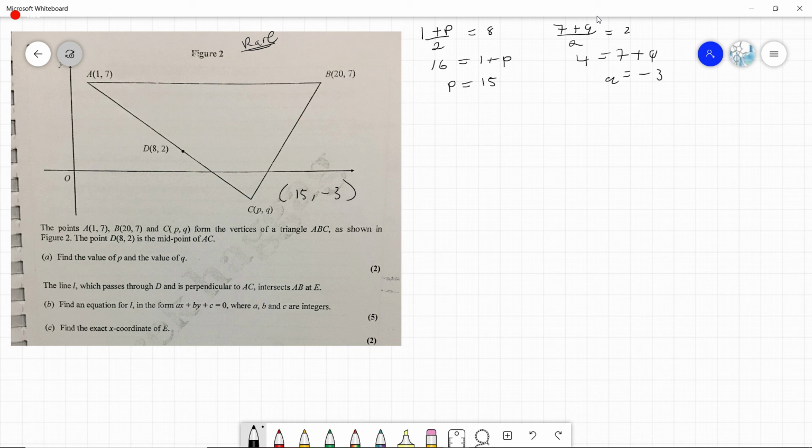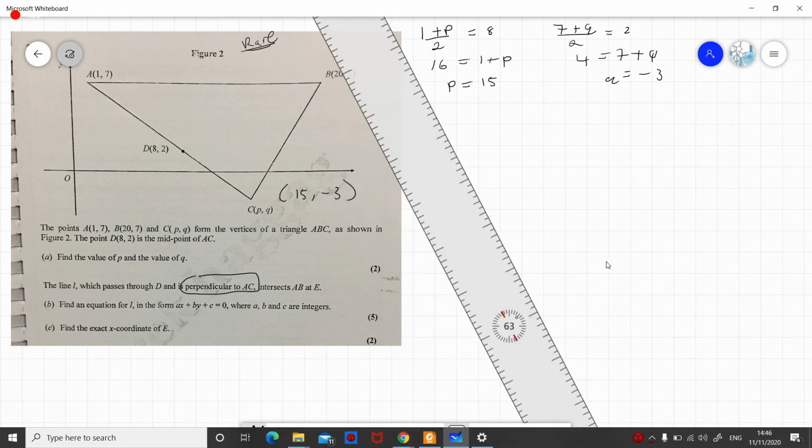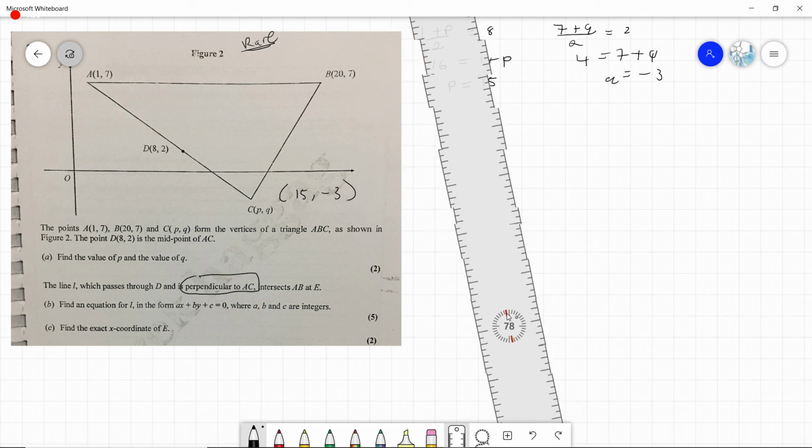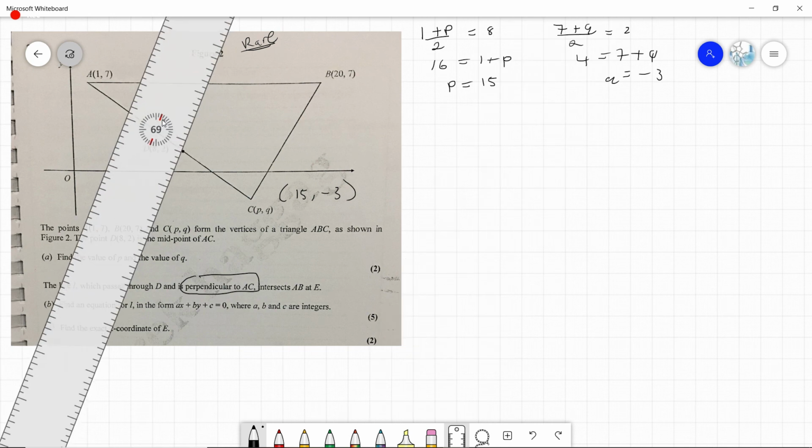Now it says the line L which passes through D, is perpendicular to AC, and intersects AB at E. Again, that's very important. If I get my ruler and line that up, this is a sketch, it's not accurate obviously.